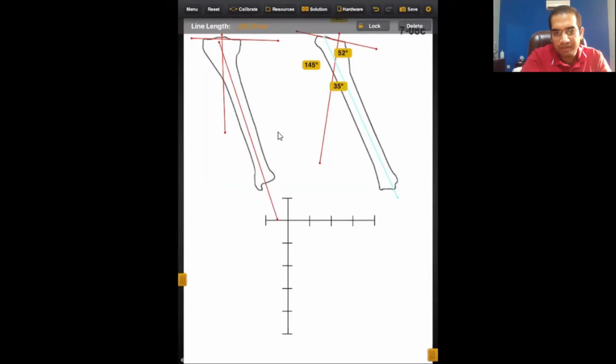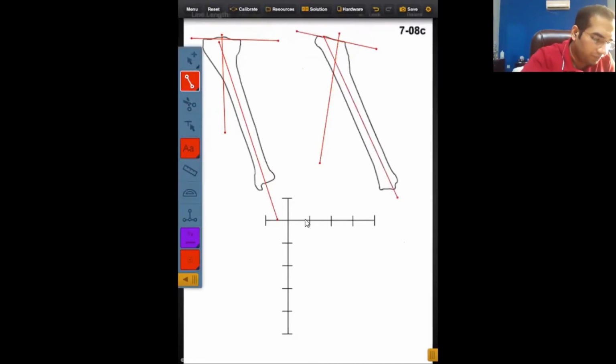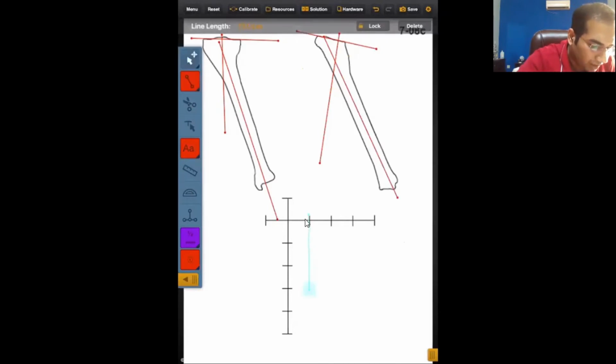This is the anterior direction, this is the posterior, this is the medial, and this is the lateral direction. Again, what I'm going to do is mark a 17 degrees line in the lateral direction. Let's see, this is 10 degrees, this is 20, so it will be somewhere in between. But whenever you'll be doing your actual planning, you'll have a paper and you'll mark it using a scale.